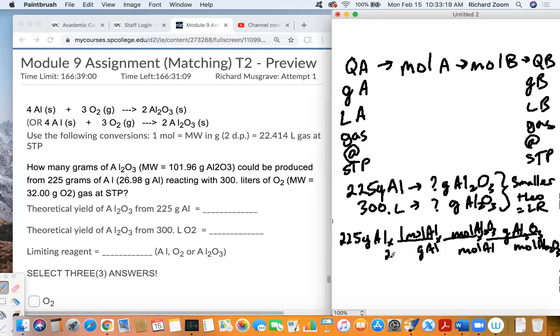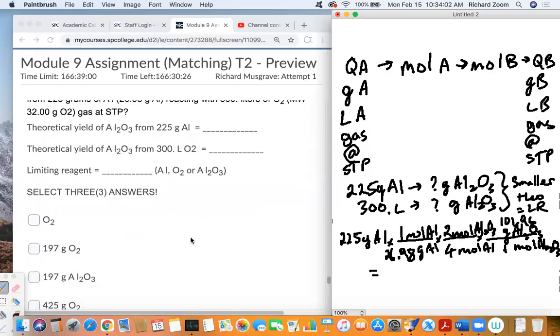1 mole of Al is 26.98 grams. And then for moles of Al2O3 to moles of Al, look at the reaction. We've got 4 moles of Al forming 2 moles of Al2O3, so 2 and then 4. And then the number of grams of Al2O3 is 101.96 per 1 mole. That's going to give me a certain amount of aluminum.